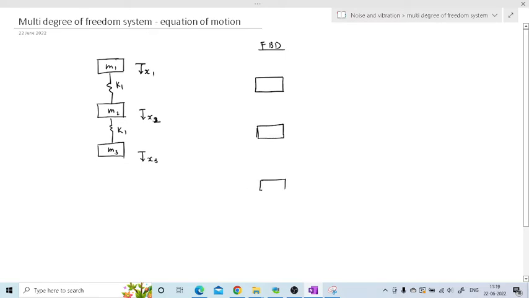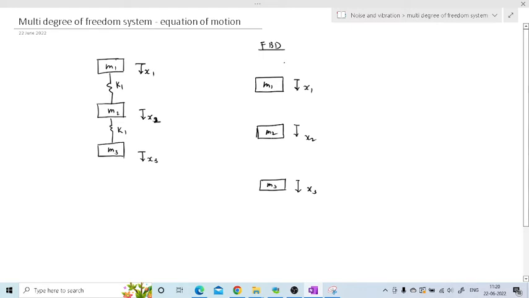As per the system I have shown the 3 masses, M1, M2 and M3. Now show the displacements, the first, the second and the third displacements, x1, x2 and x3 respectively.